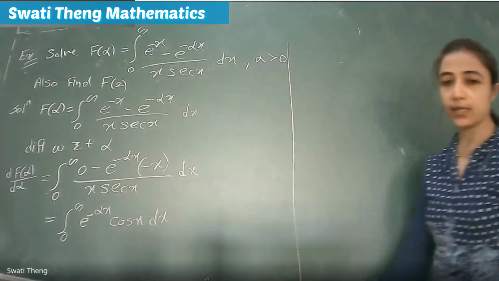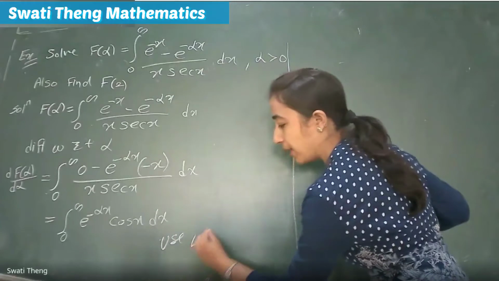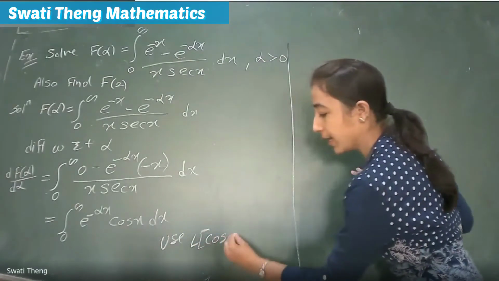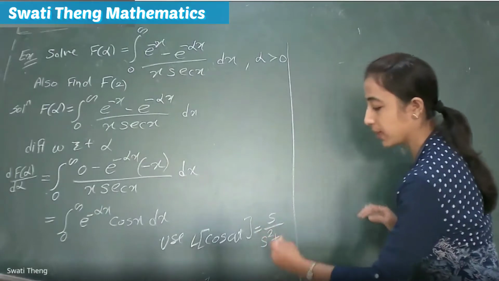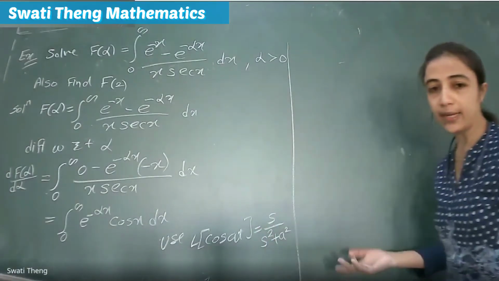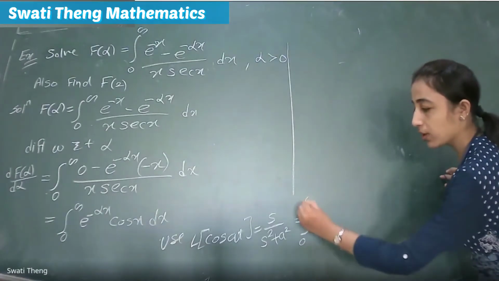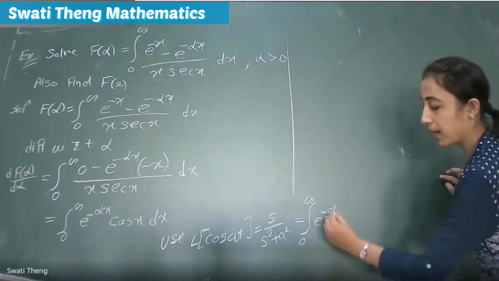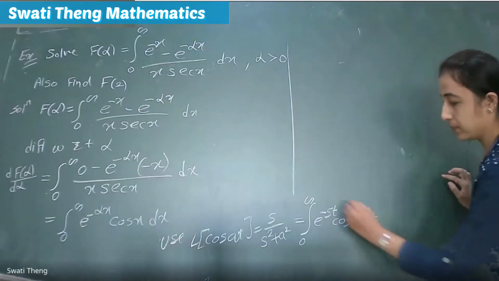How to solve this integration? We know that here we have to use the Laplace transformation: the Laplace transform of cos at is s upon s square plus a square. So where will s and a come from? Write this here also: this is nothing but the integral from 0 to infinity of e raised to the power minus st into cos at dt.